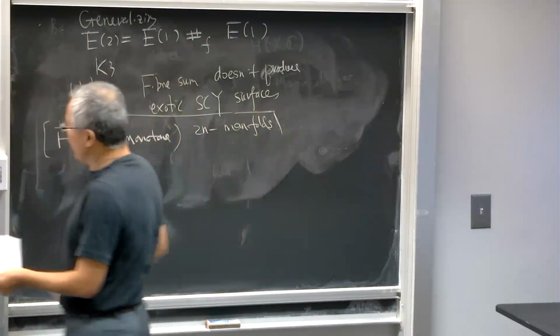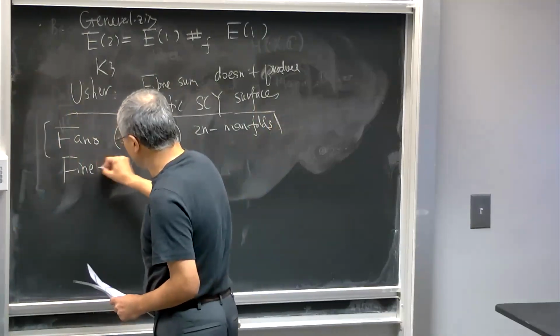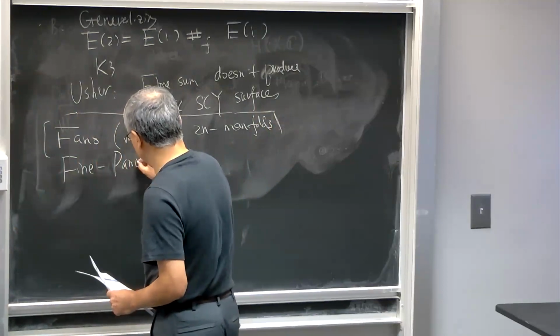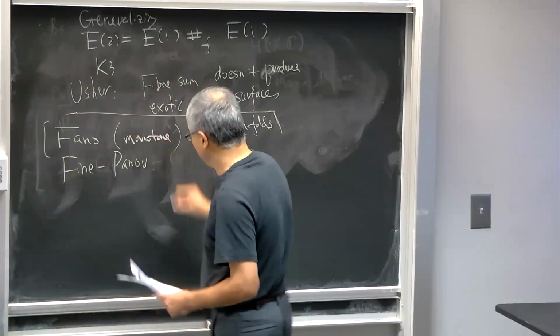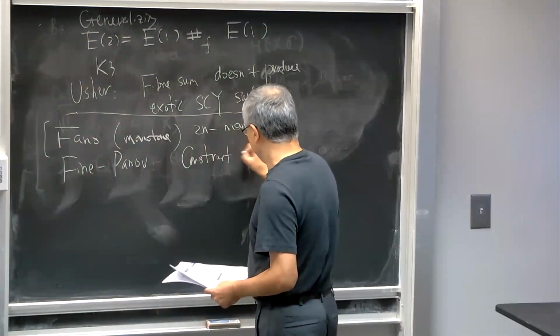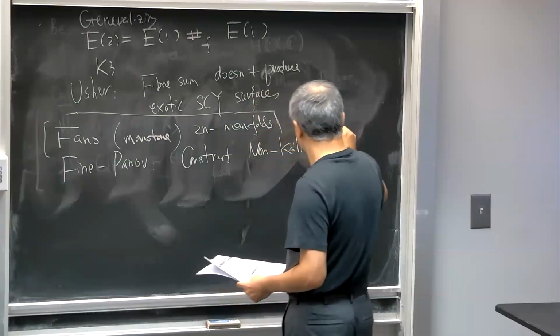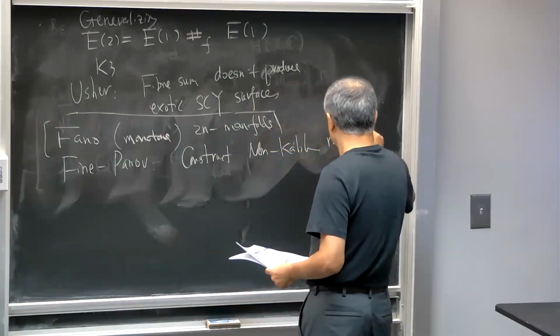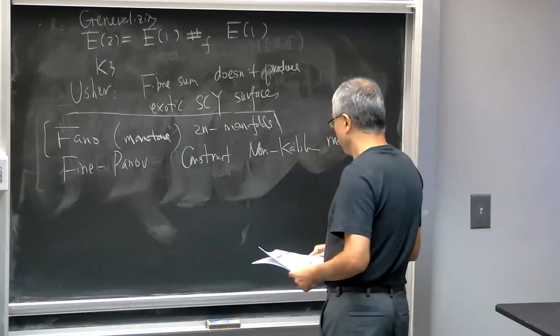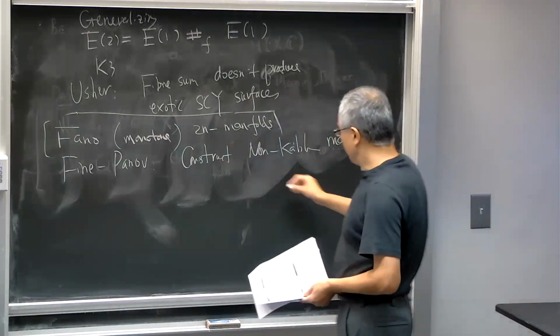So in fact, Fine and Panov also constructed non-Kähler Fano or monotone manifolds, using a similar construction with twistor space and taking resolution.